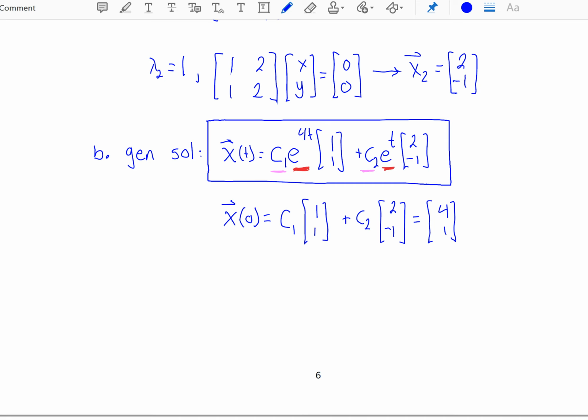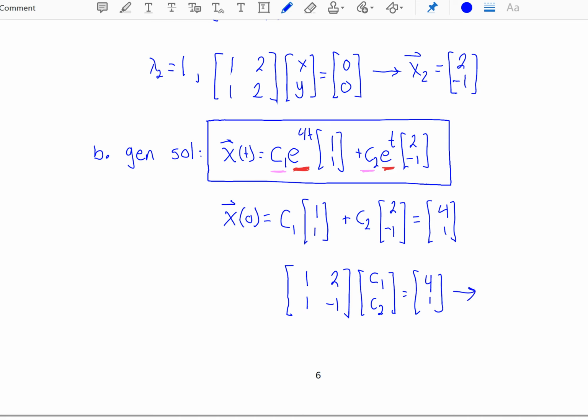While there are many techniques we could employ from Chapter 3, I like using the matrix approach. And so I'd like to write this as a coefficient matrix times a column of unknown constants c1 and c2 that equals 4, 1.